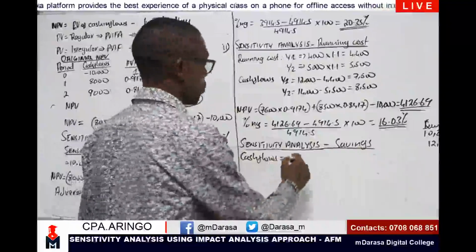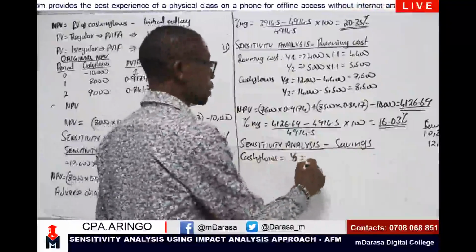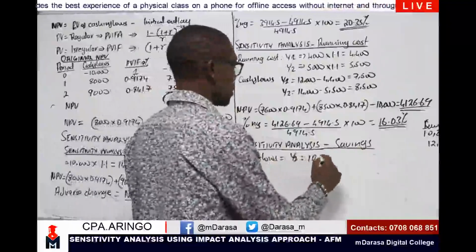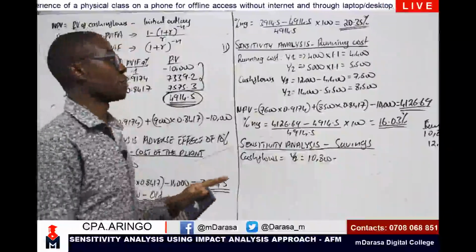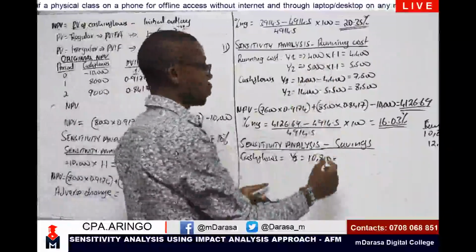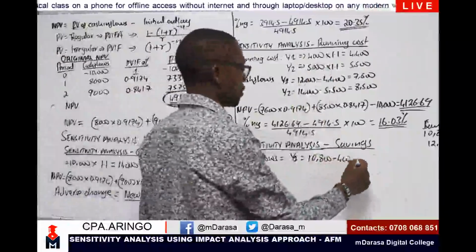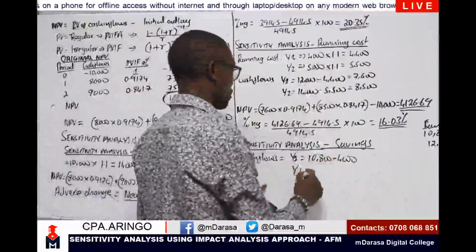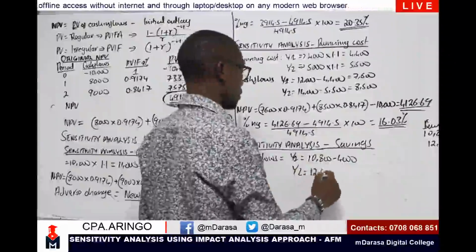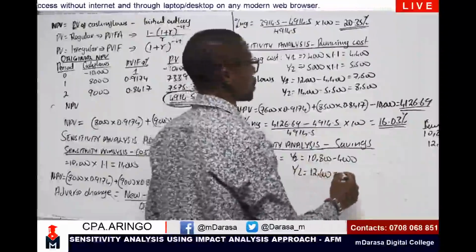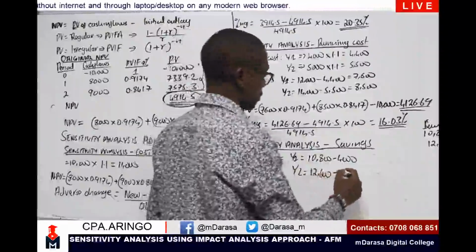Our cash flows, year one, I should be having 10,800 minus the original cost. Remember, all these factors are remaining constant. Original running cost, we had 4,000. Year two, I'm having 12,600. Original cost was 5,000.